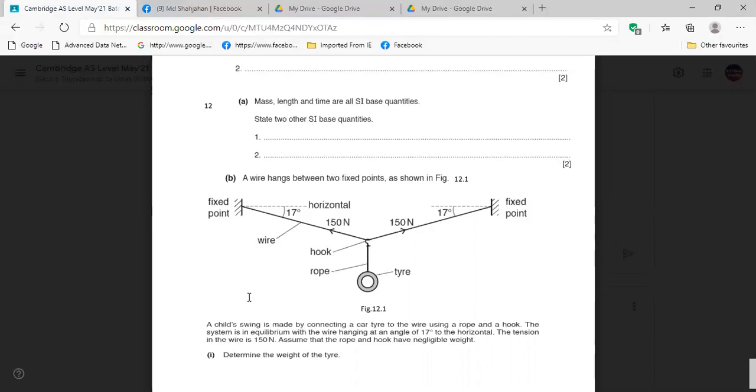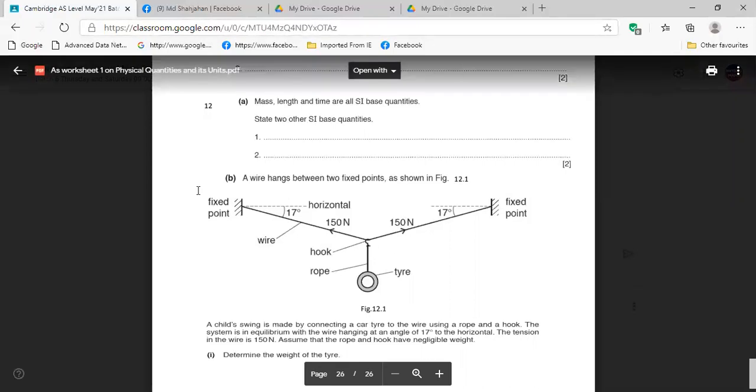Okay, so how will you get the weight of the tire? Should I help you? Look, the tire is balanced here, right? So we have actually one resultant force.